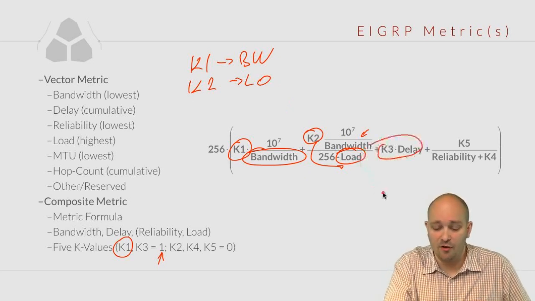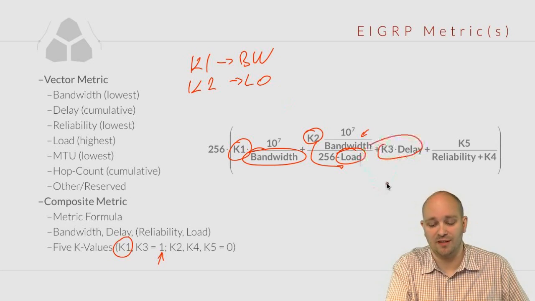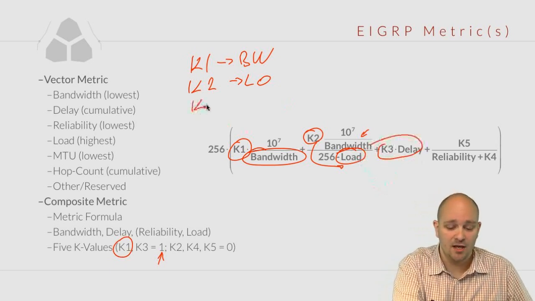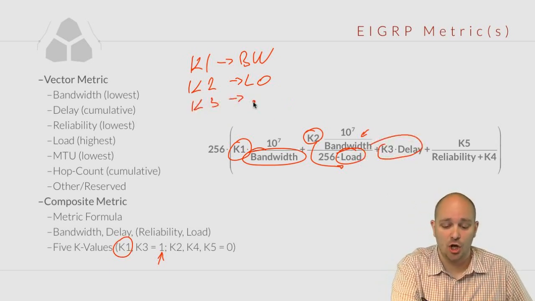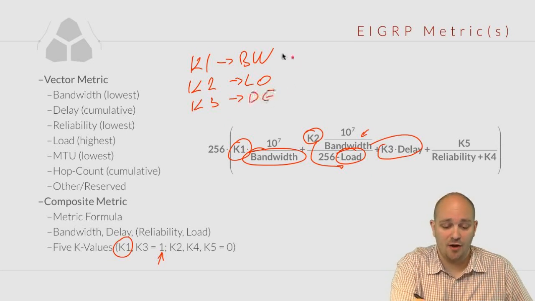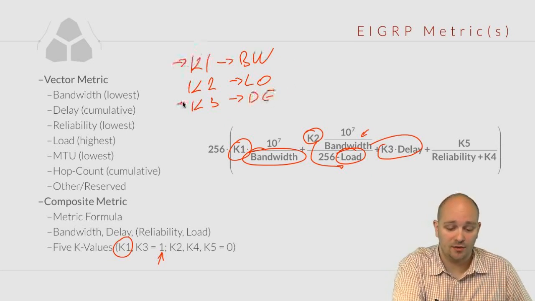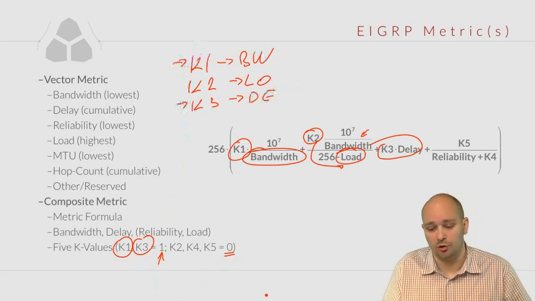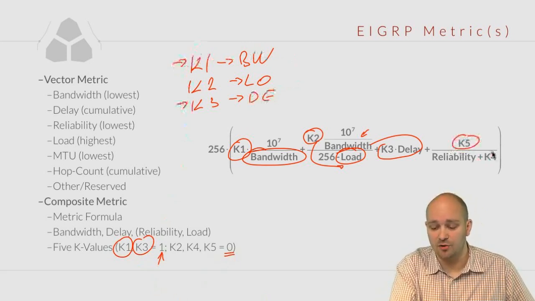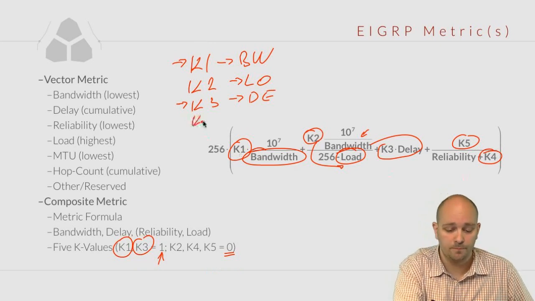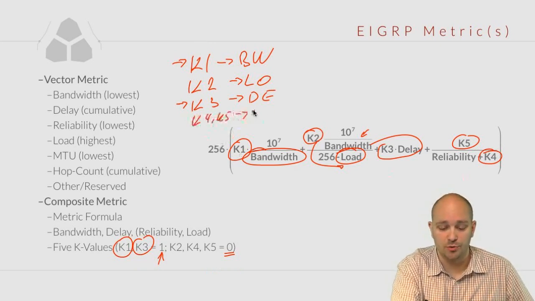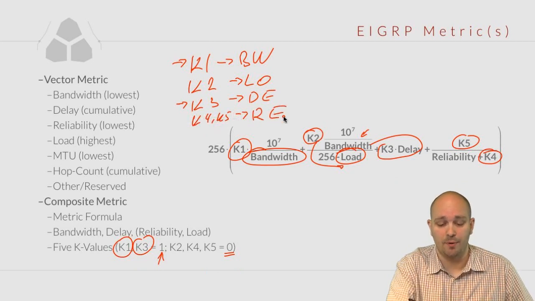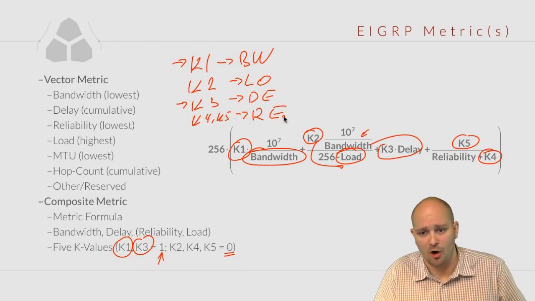Then we can see a very straightforward relationship between K value 3 and delay. So K3 here controls the delay. And remember, K1 and K3 are those that are by default set to 1. The others are not going to be used. And then we have K values 5 and 4. So 4 and 5 are actually going to be used to control reliability as part of our metric.